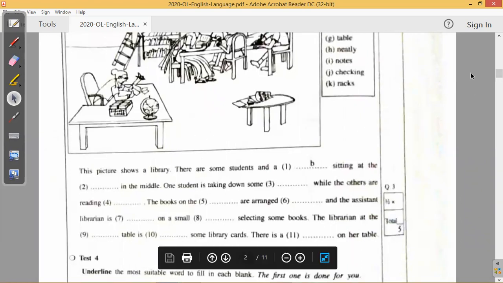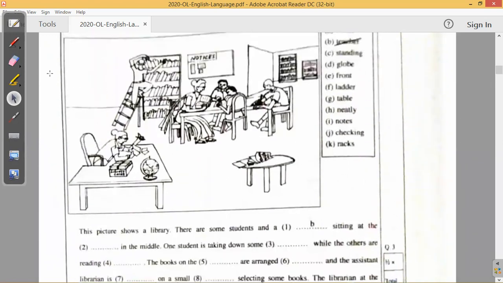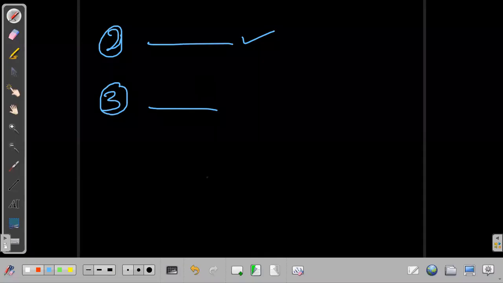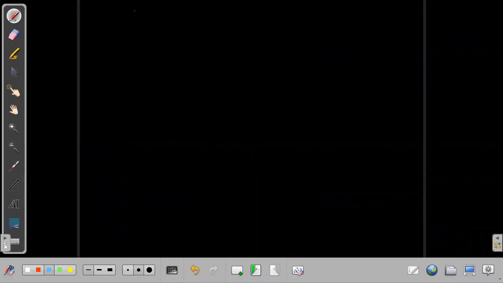So it has to be globe. So the globe is given under, right. Let's do it here, right?